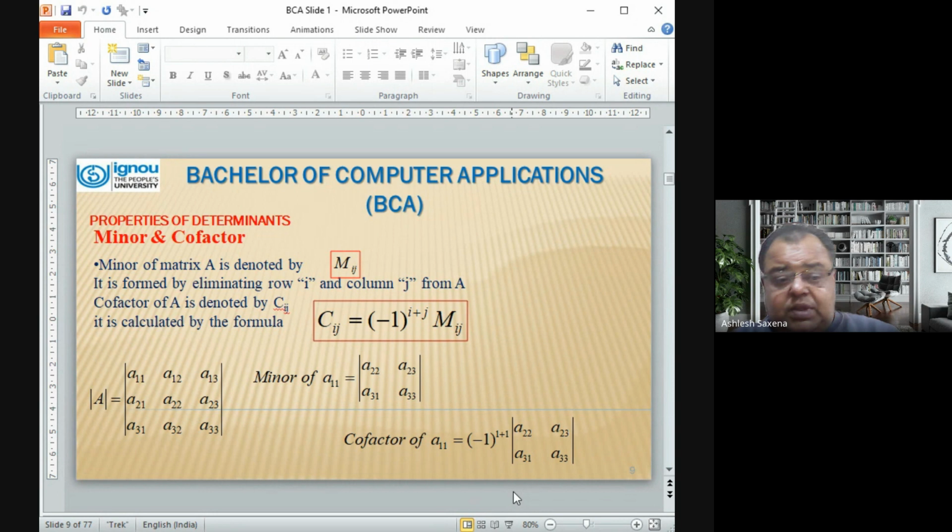Now the question arises how to determine the minor and cofactor of element A11. What I will be doing, see to it, same thing I'm doing. Just pick up the 4 elements.